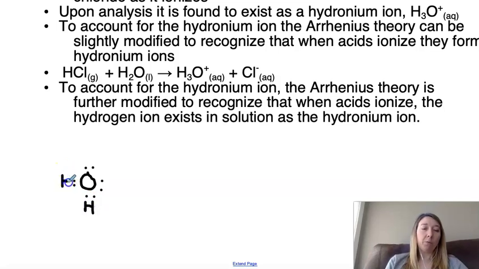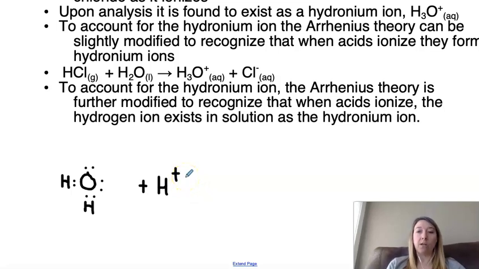Okay, if we then have an acid in the solution, that acid is going to produce those hydrogen ions. So when you look at that hydrogen ion, it doesn't have any valence electrons right now, but we know that hydrogen wants 2 valence electrons. You look at oxygen over here, it's got 2 electrons here and 2 electrons here.